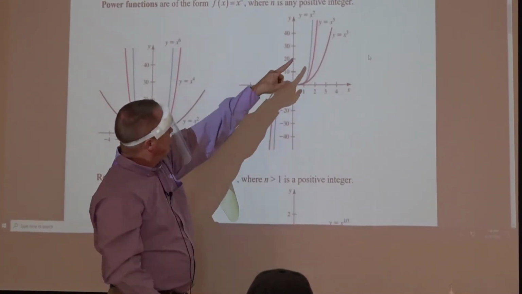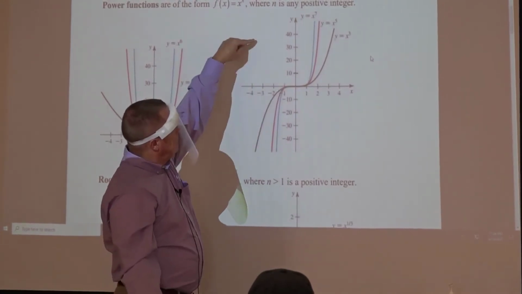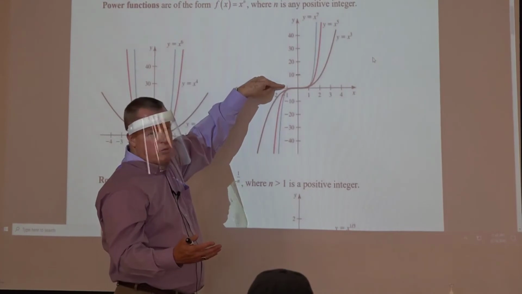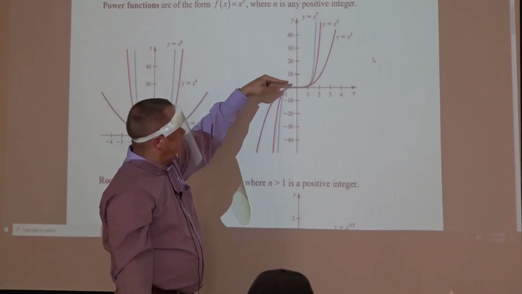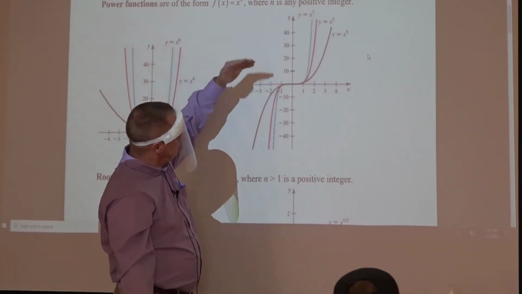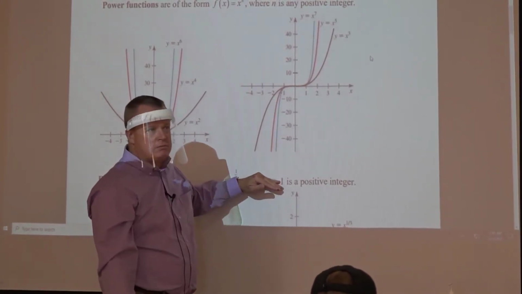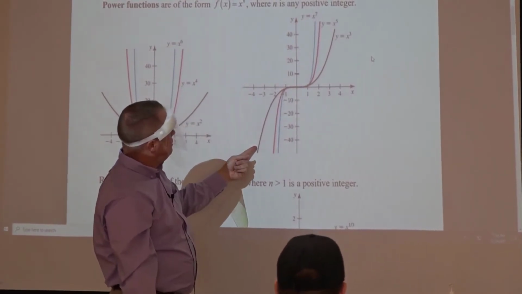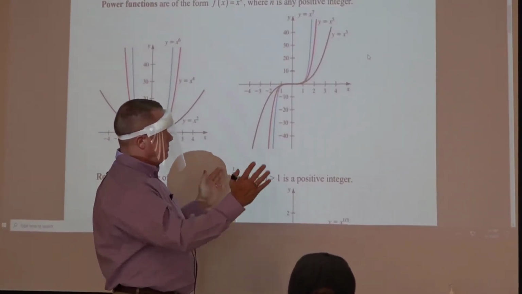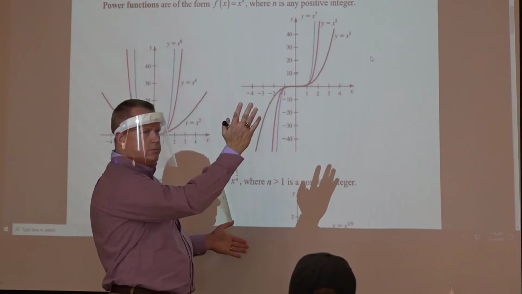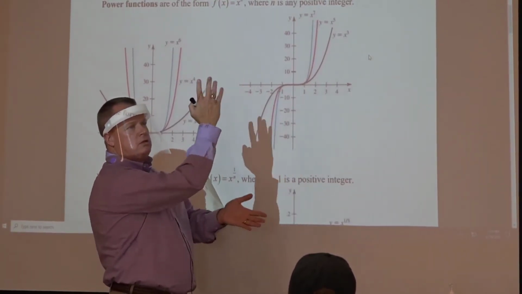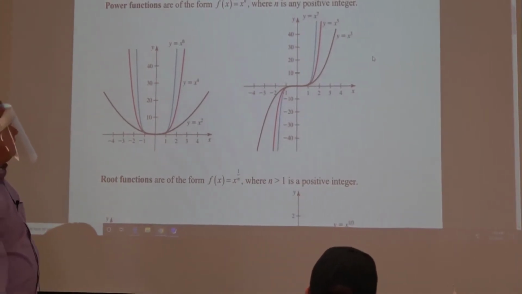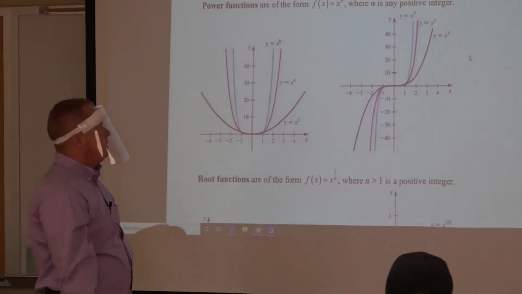But since I have an odd exponent, if I put in -1, the cube of -1 is -1. So this side over here is flipped and goes down. If it's the 5th power, again, it's going to be stretched in a little more. 7th power stretched in a little more, for however high you want it to go. And those are power functions. Any questions about that?